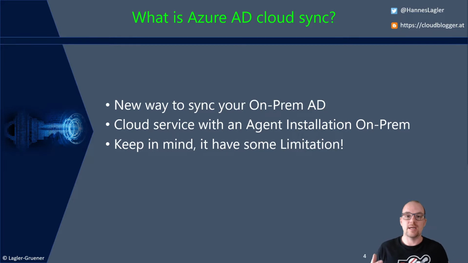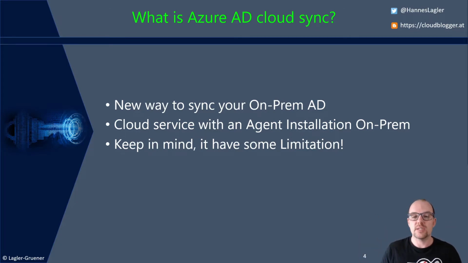For example, I'm a user logged into my PC, and I also want to use Office 365, or log into the Azure portal, with the same user account. So I want to use my user from my PC also in Azure Active Directory.